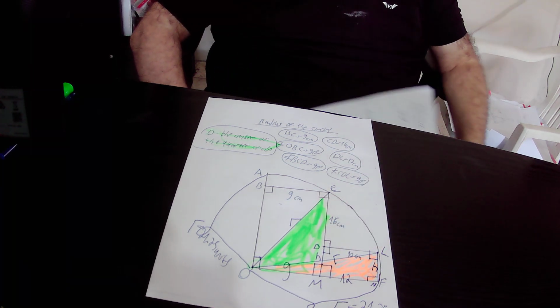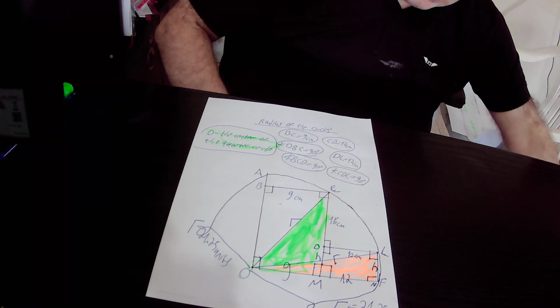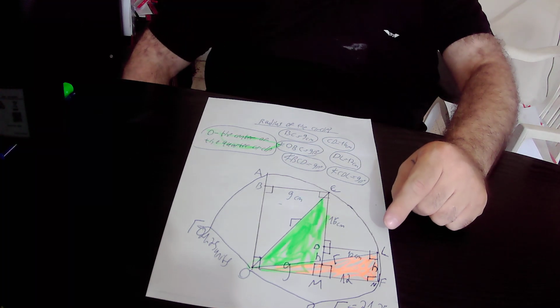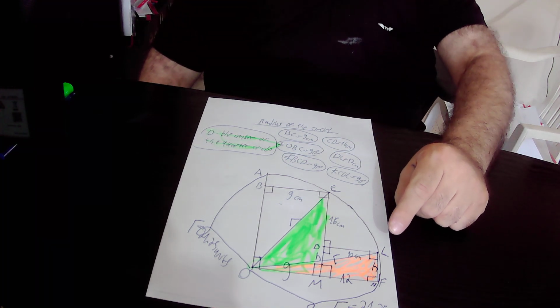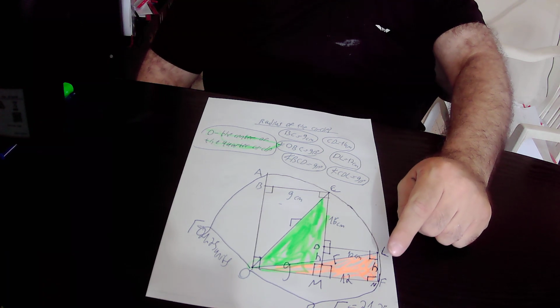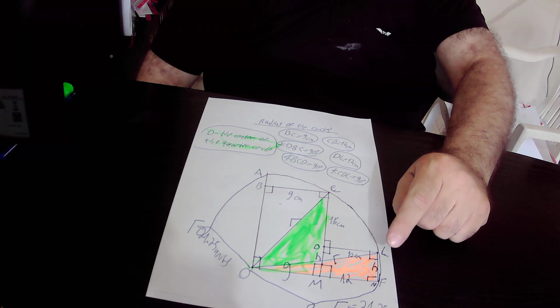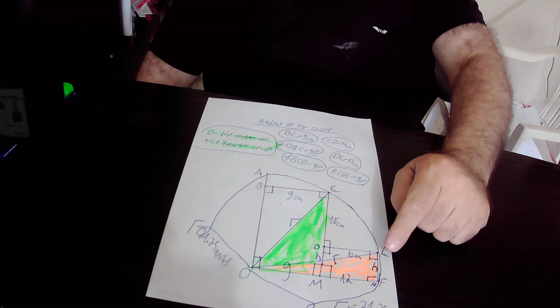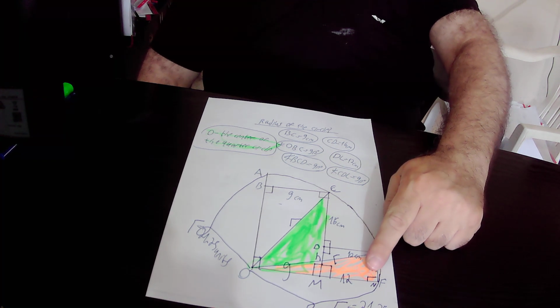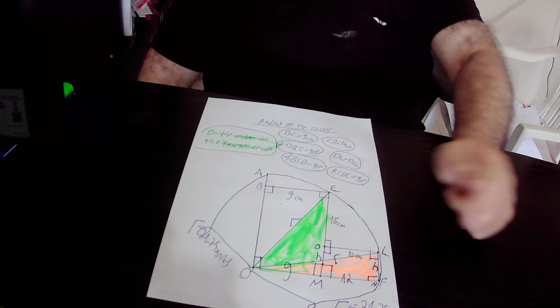Then from point L, we draw a perpendicular onto the radius OF. So this angle equals 90 degrees according to our construction.